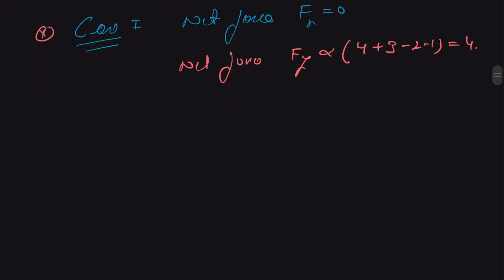Therefore we can say that our F1 will be equal to 2g, and this comes as d square square root of 2.